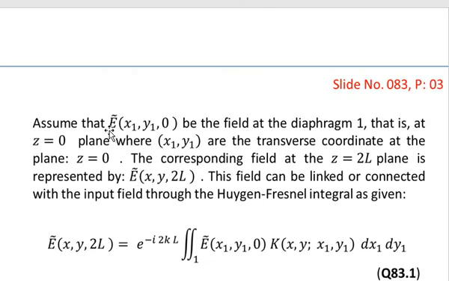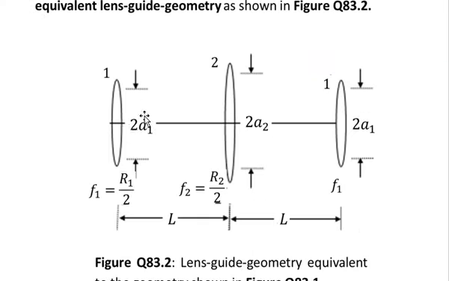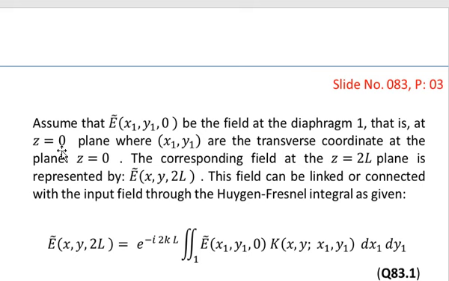And we are assuming that this E prime of x1 y1 0 is the field at the plane 1, at the z is equal to 0 plane, where x1 and y1 are the transverse coordinates at the plane z is equal to 0.